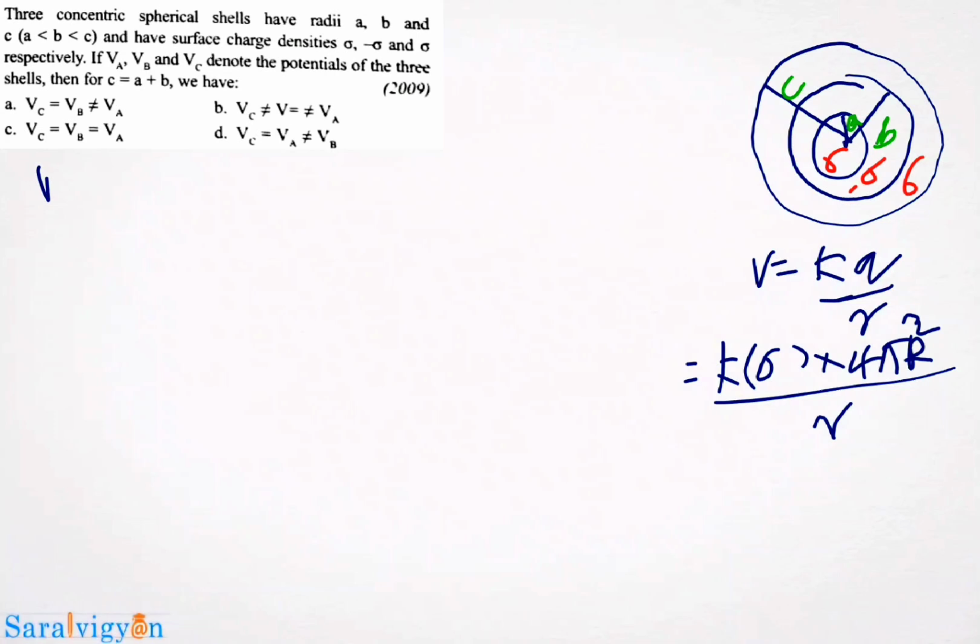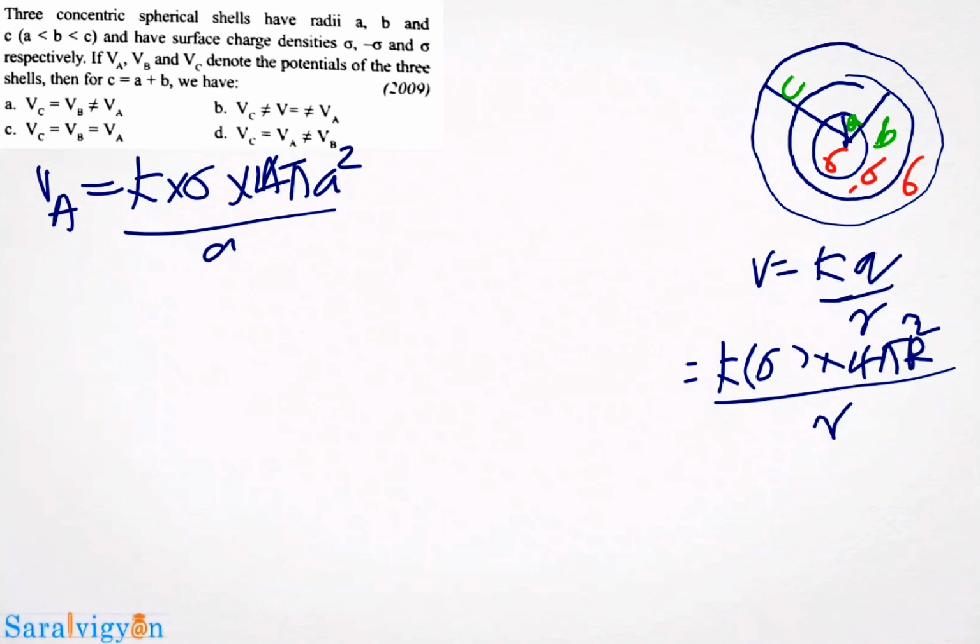So potential of A we can write, for the first shell with radius A, as K into sigma into 4 pi A square by A, and similarly for B and C. Since B and C are outside the shell with radius A, we can use the respective radii as the distance.